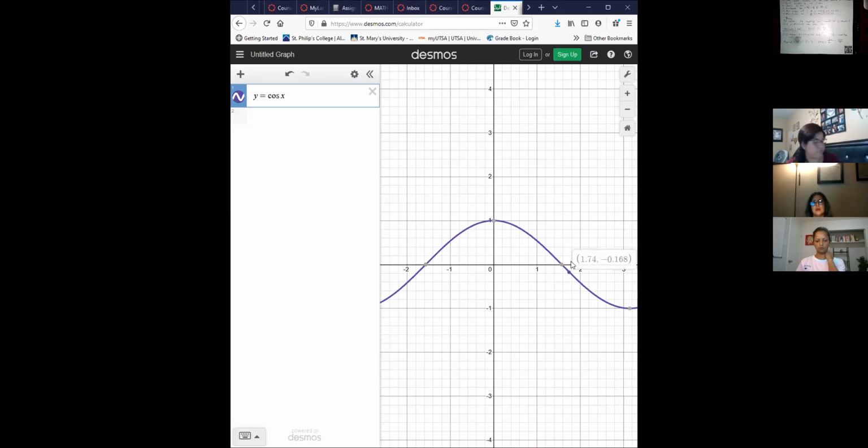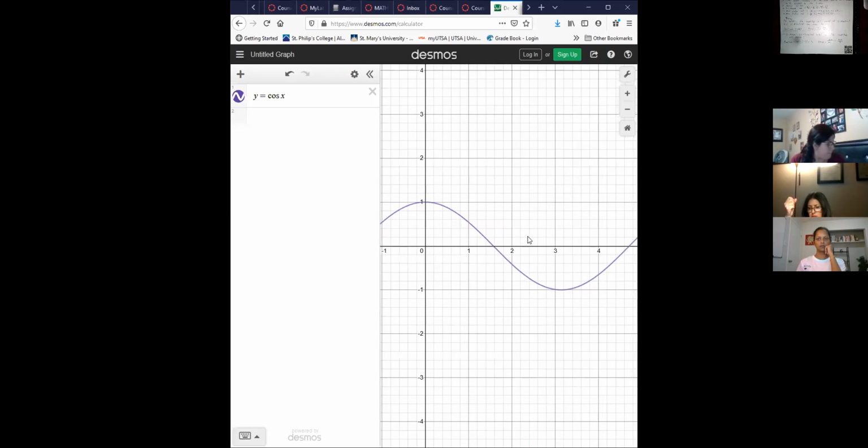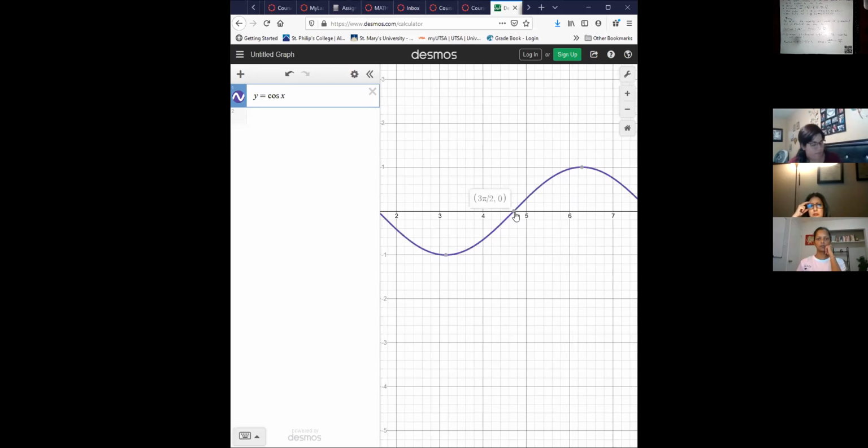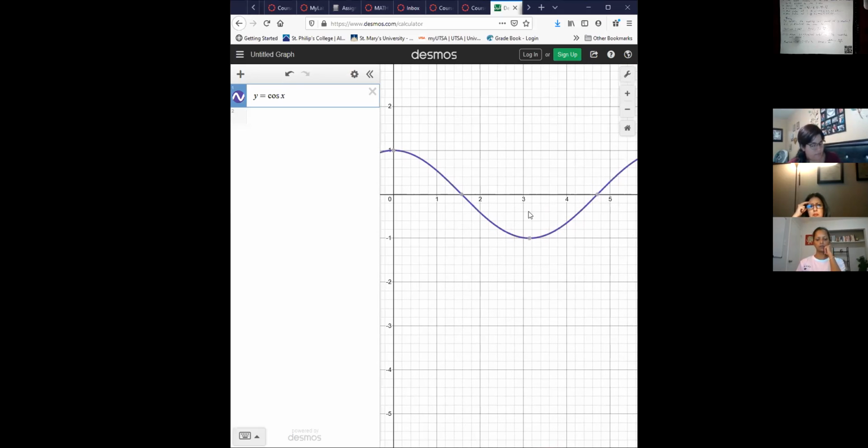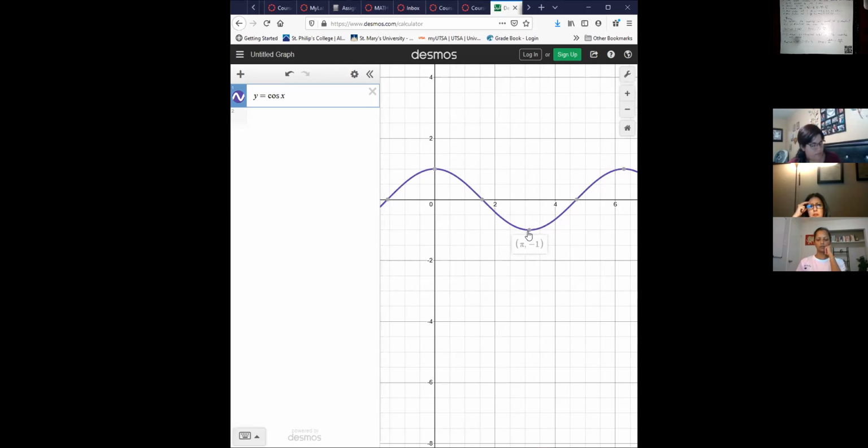So here's about pi over 2, right? We said there's a 0 at pi over 2, an x-intercept for cosine. And then we have another one over here, 3 pi over 2, right? Highlight these peaks and valleys.